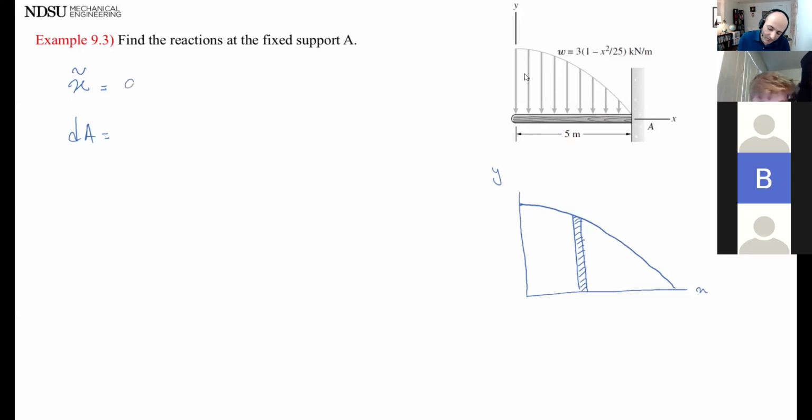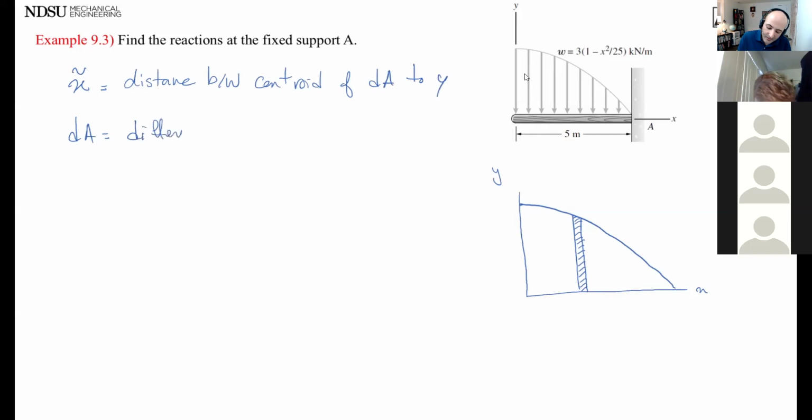Distance between what? Centroid and the y-axis. Centroid of what? Centroid of the differential area. Okay, it's not the centroid of the whole area. It's the centroid of the sliver, that little differential amount. Centroid of dA to y-axis, yes.